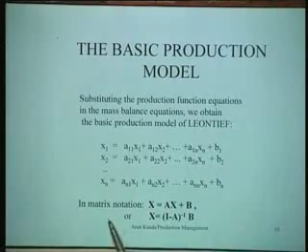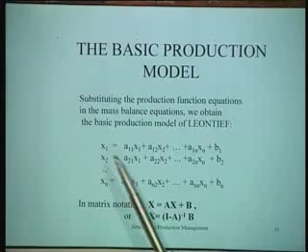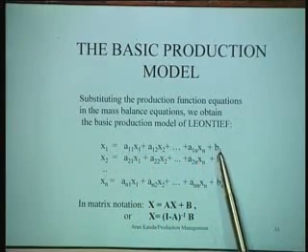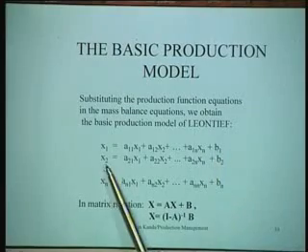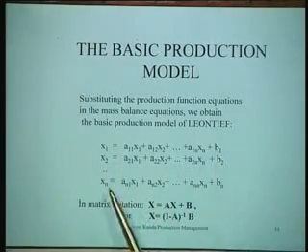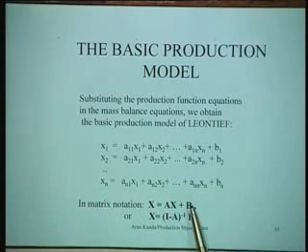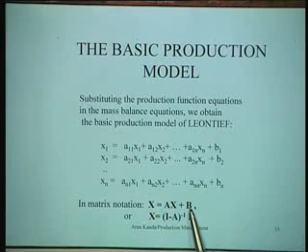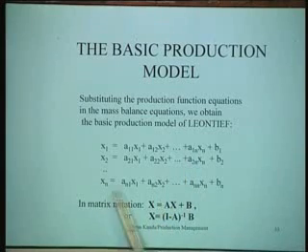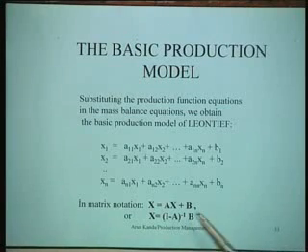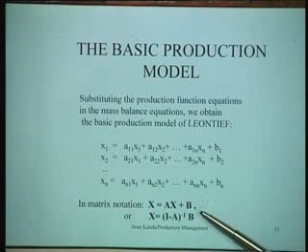So the basic production model comes out like this: x1 would be equal to this particular expression plus b1, by mass balance equations. X2 would be a similar equation, and xn would be a similar equation. Putting it in matrix notation, you get x is equal to Ax plus b, and then you can directly solve these equations for x, and you get x is equal to (I minus A) inverse b. This is the basic Leontief model.